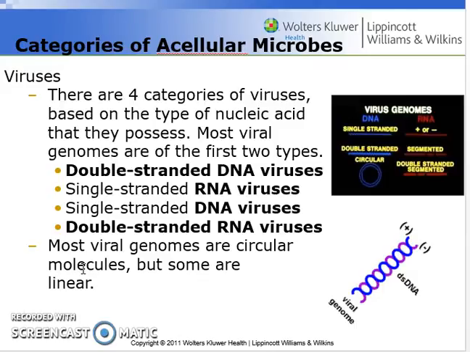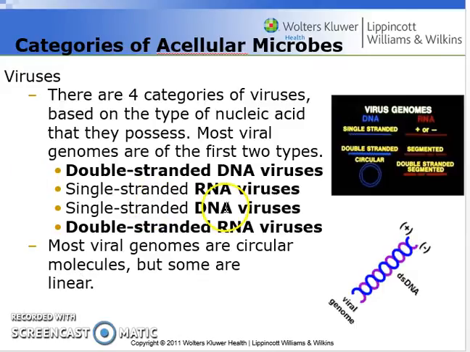So the double-stranded nature basically just means that the DNA is double-stranded. Same thing with the RNA. There are viruses that contain 2 strands of DNA, which are called double-stranded DNA viruses. There are viruses that contain 2 strands of RNA, which are considered double-stranded RNA viruses.